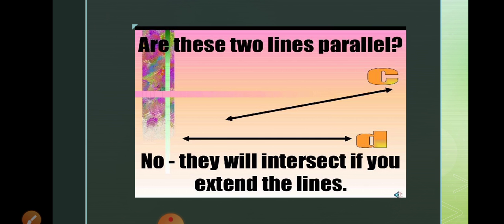Now look at these figures, students. Are these two lines parallel? C and D. They will intersect if you extend the lines. If we extend C, it will intersect D. It means C and D are not parallel lines. Are these two lines parallel? It sure looks like they are.